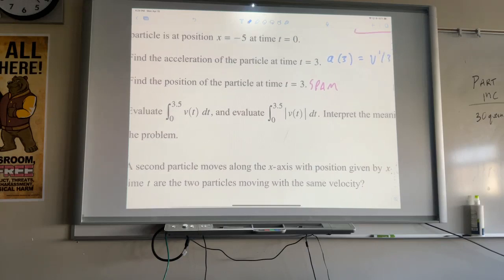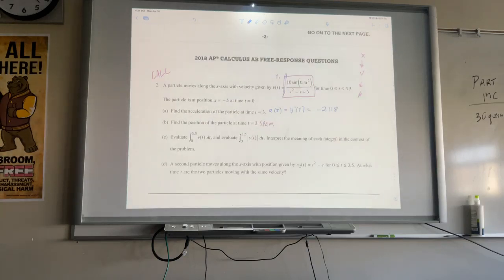Now, guys, you know the position, we're going backwards and we're integrating. So the biggest question we had was, what are we integrating from what to what? Well, I have times 3 right here, and I had times 0 up there. So you're actually integrating 0 to 3. I'm just going to write velocity. Now, guys, here's how this works. Spam is really just the fundamental theorem of calculus reordered.